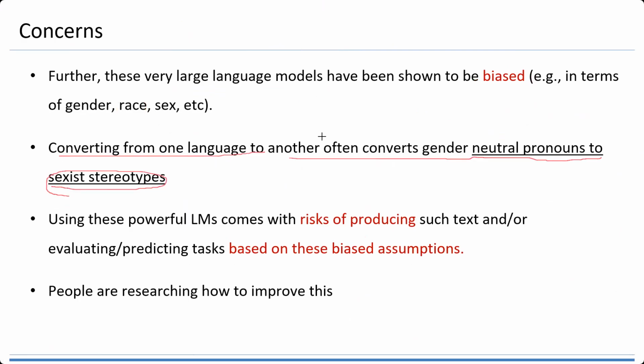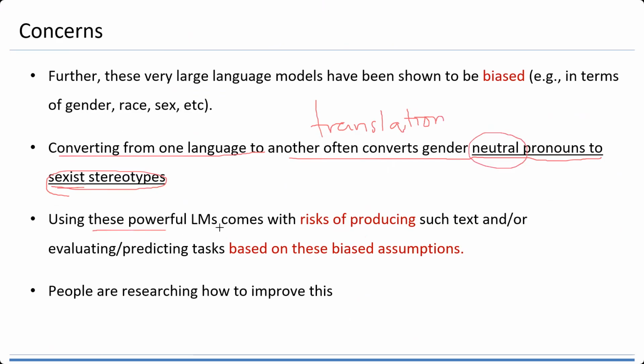So the translation is still an issue. Maybe if it is English to Korean, I think it is still neutral. But translation from English to a language with sexist stereotypes, like I mentioned, French or some other language which represents female and male with different words, is still a problem.